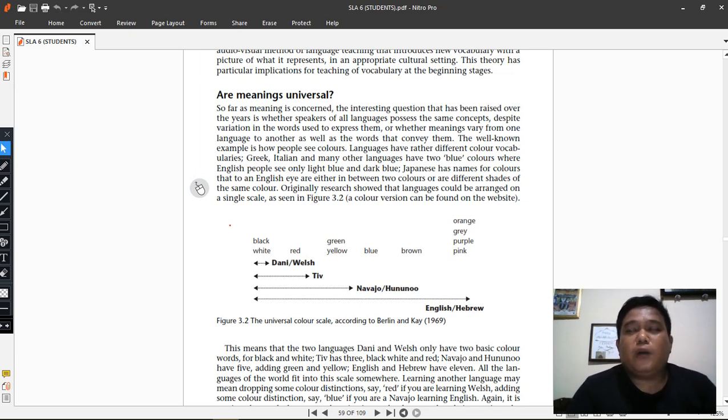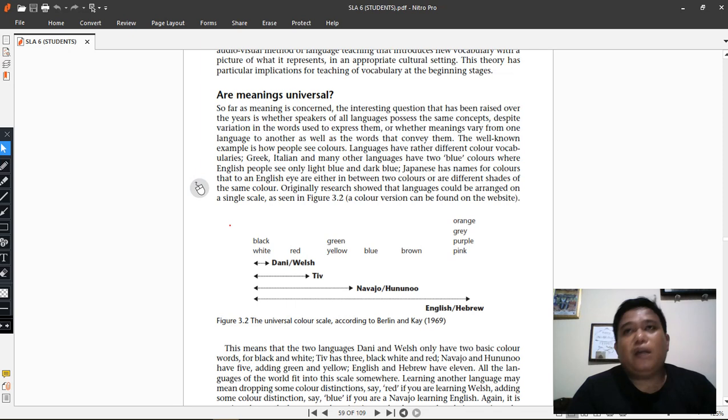So when you speak about the color, like blue in English and biru in Indonesian, it shows one kind of meaning, that is the color. The word blue and biru both point to one kind of thing, one kind of color. So the meaning is the same.